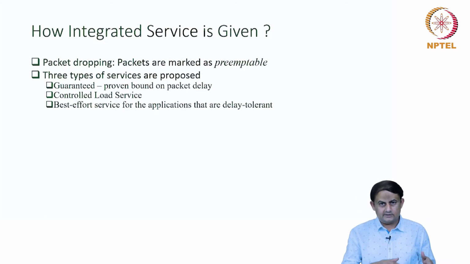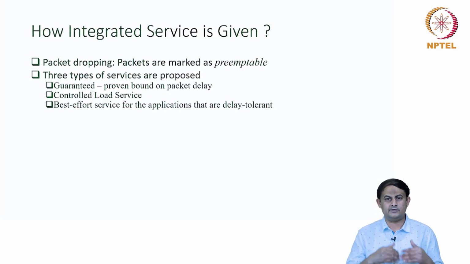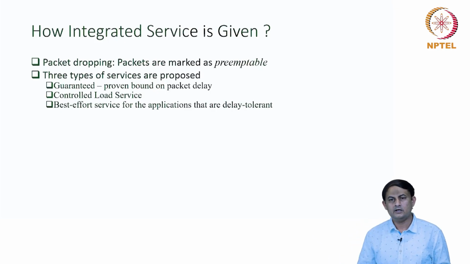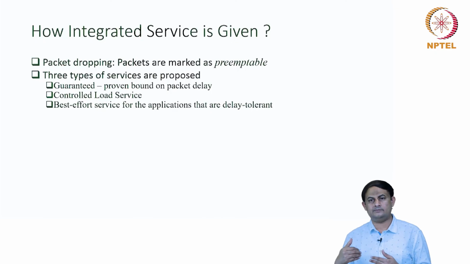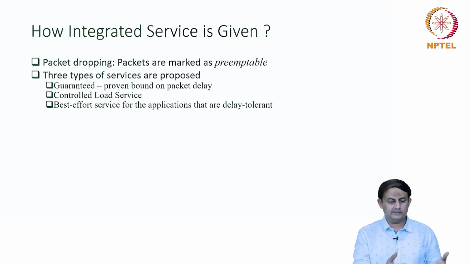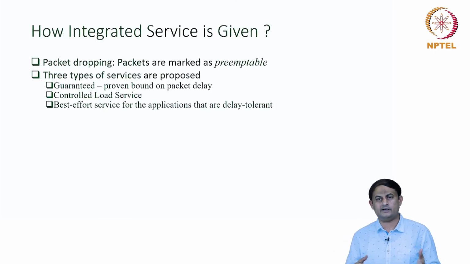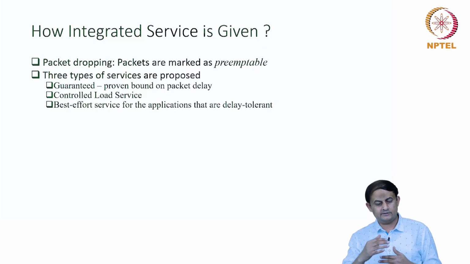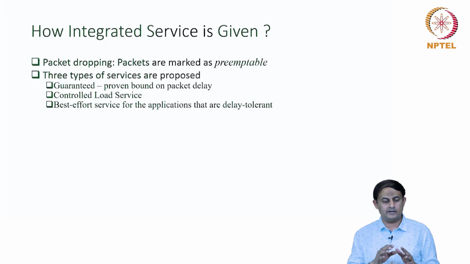If it is a hard real-time application, it cannot tolerate the resources falling below a certain threshold. In order to meet that kind of requirement, the integrated service model architecture gives you a kind of service within its framework called the guaranteed service.